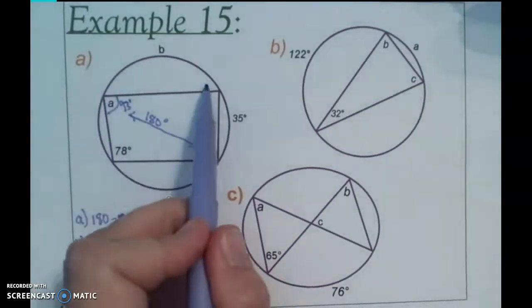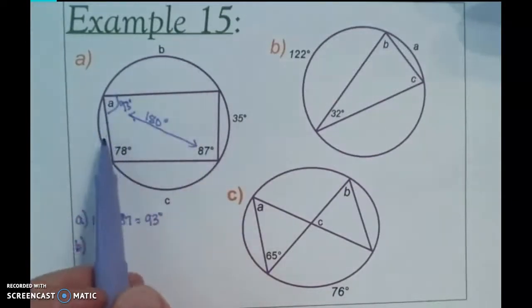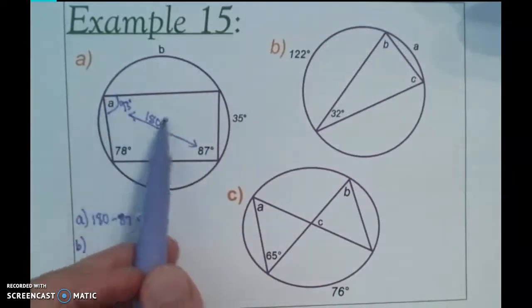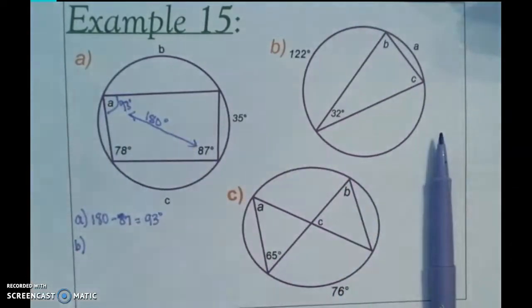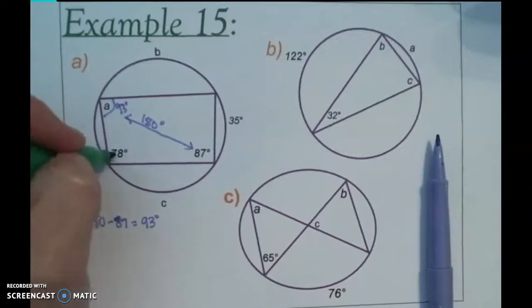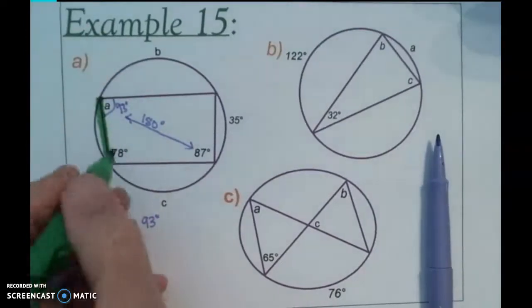B is an arc. So in order to find that arc, I need to either know a central angle, which we do not, or an inscribed angle. So I'm going to try to highlight this to make it easier for you to see. So I see this 78 degrees, and there's different ways to solve this problem.